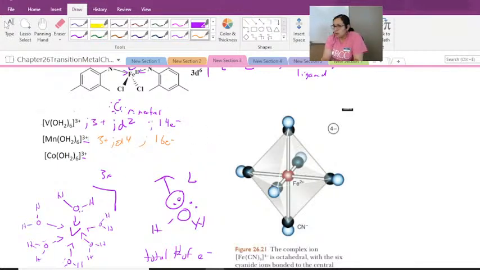Vanadium's more of an early metal, so it makes sense why it tends to not be 18, what you're looking for. Manganese is more of a middle transition metal, so it makes sense that it's 16. And you see this a lot, where they're either 16 or 18 for their total electron count. That's pretty common. Or 19.